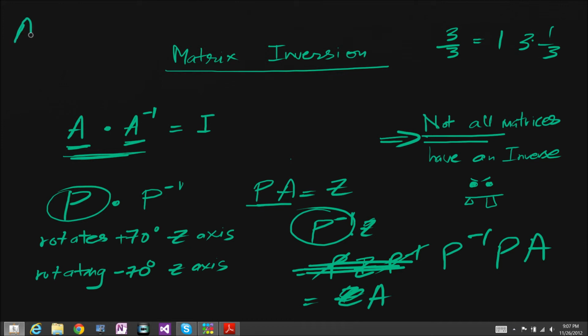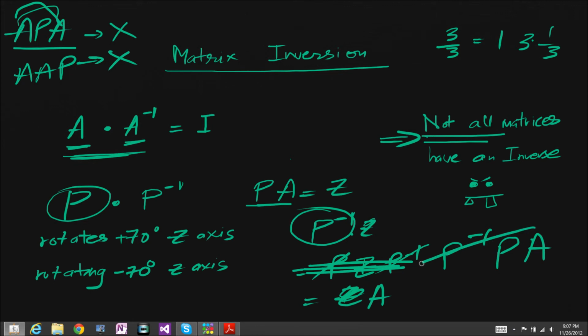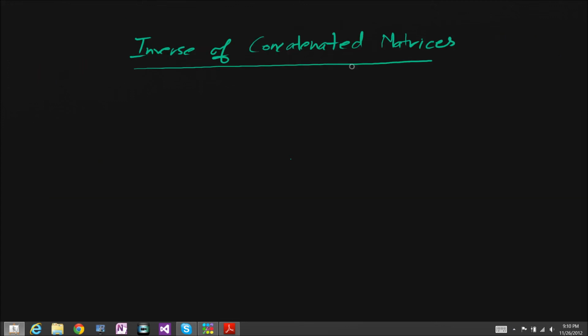Because if I did something like APA and I did something like AAP, and these are just random, this is the same matrix A, these two would result in a totally different product. They would not be the same product, and that's due to the property that matrices are not commutative. So this should look something like this, and the inverse of P and P cancel out, and then we're left with the right answer right here. So plus one for making mistakes during my videos.